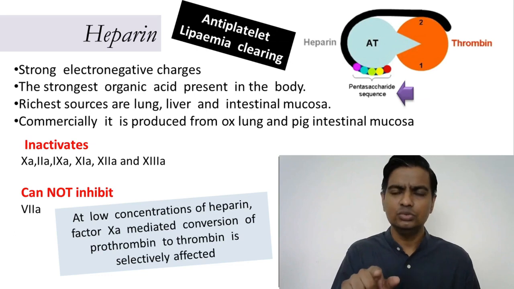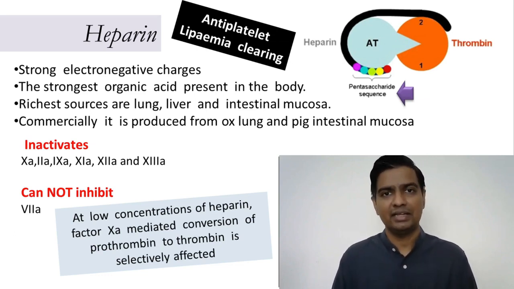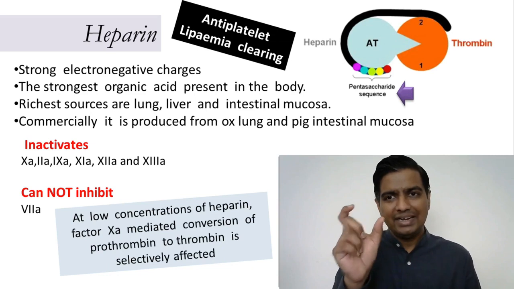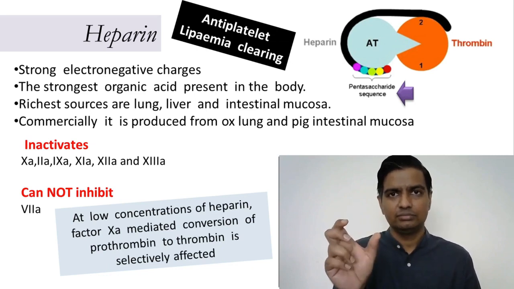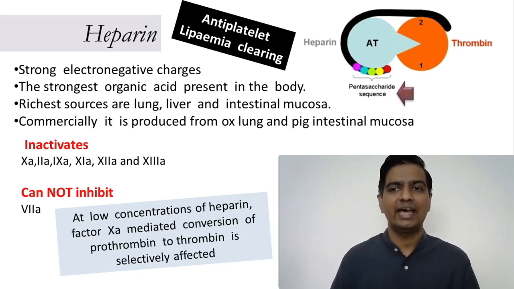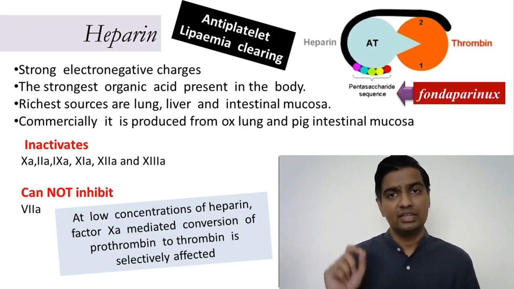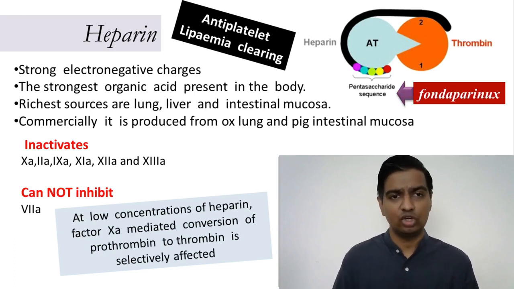If that is true, can we only give the pentasaccharide sequence and expect an anticoagulant action? Yes. The only pentasaccharide sequence is called fondaparinux, and this is a pretty good drug. It also does the same thing, activates antithrombin so that these factors are broken.